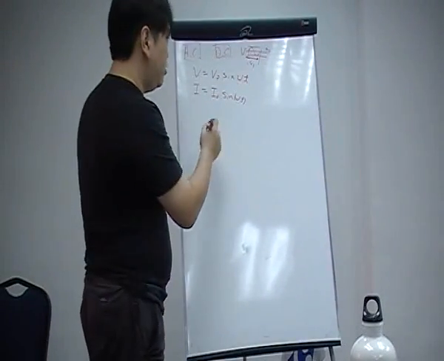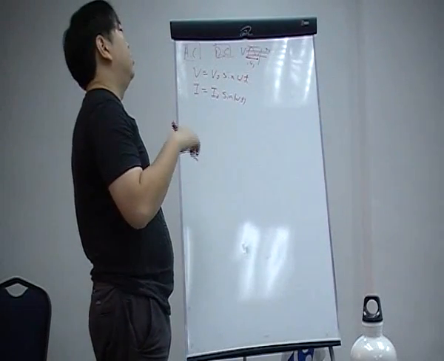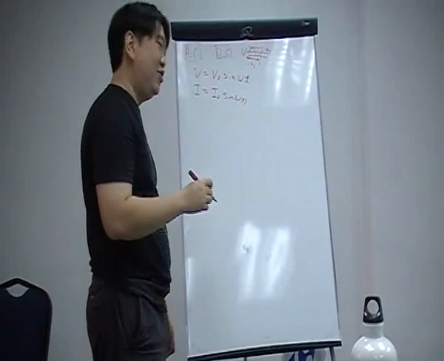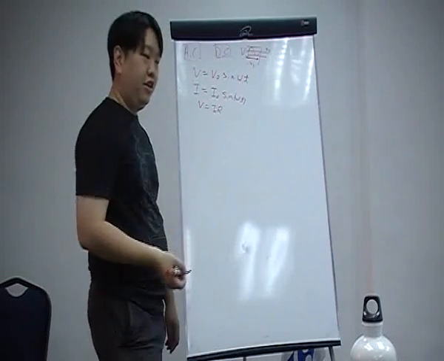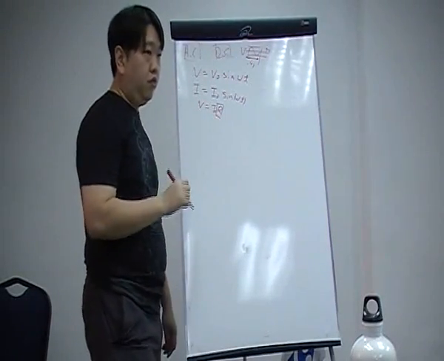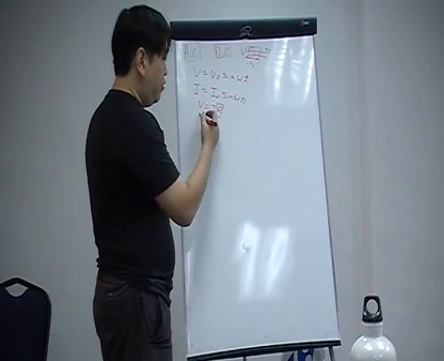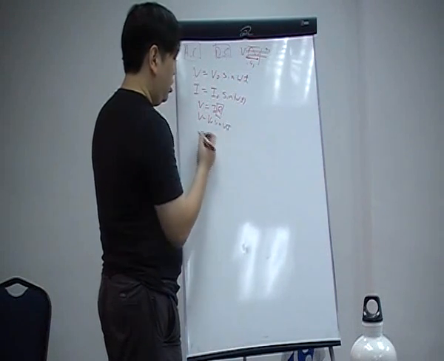The reason is due to Ohm's law. Very simple, Ohm's law says V equals IR. So I and V are related by the constant R, and the resistance of the resistor never fluctuates.